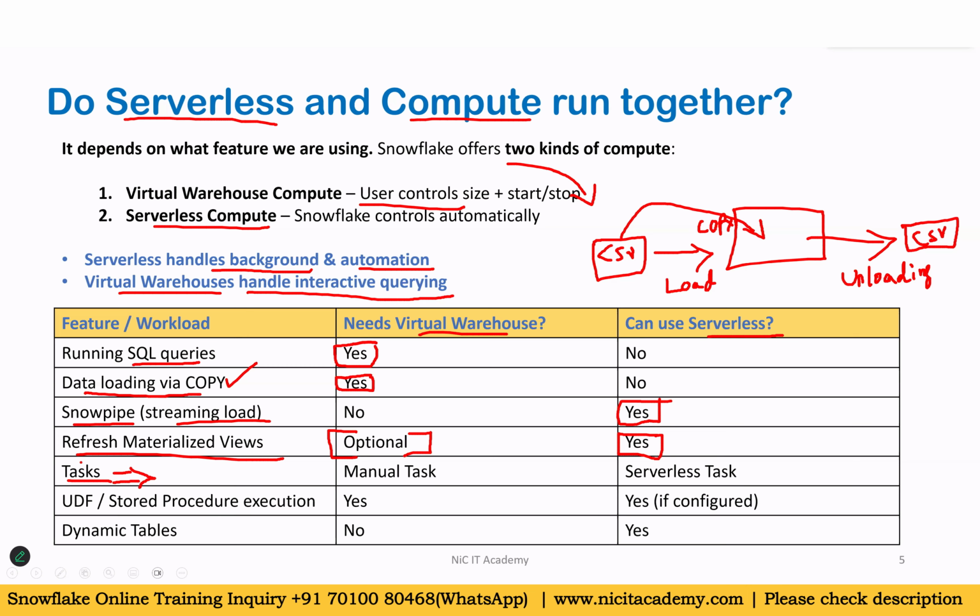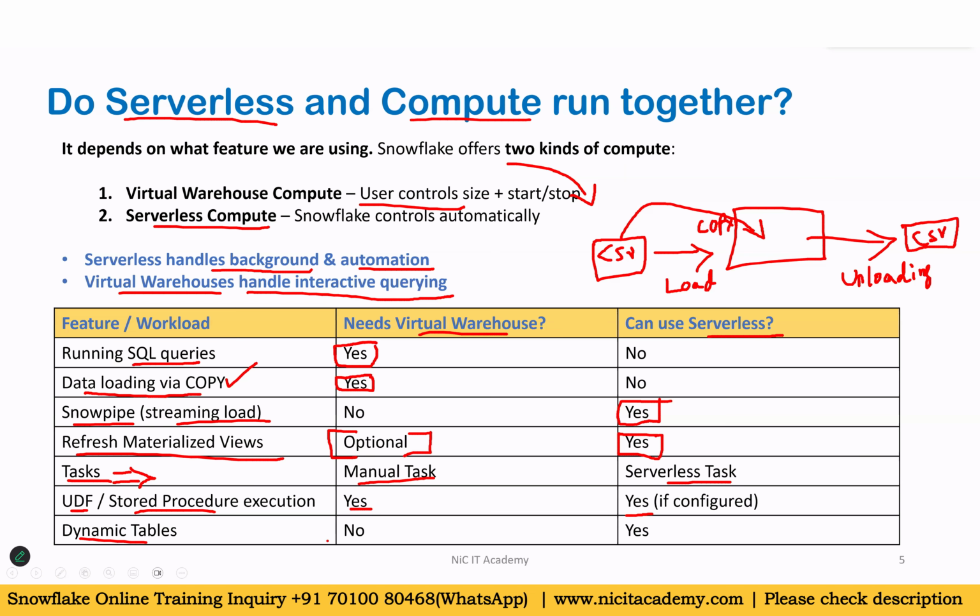We will see tasks in detail. If it is a manual task, we need a virtual warehouse. If it is an automated one, yes, it's a serverless task. And UDFs, user defined functions, and stored procedures: if we execute manually, then a virtual warehouse comes into the picture. If we configure it in an automated way, then it's a serverless process.